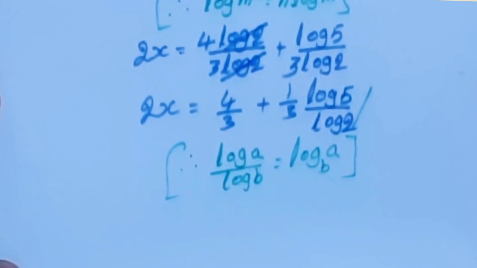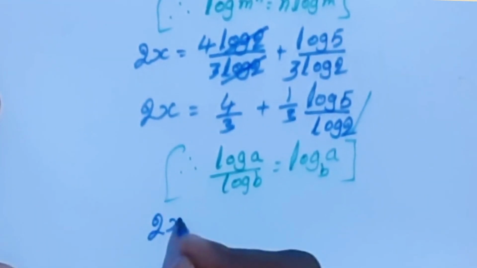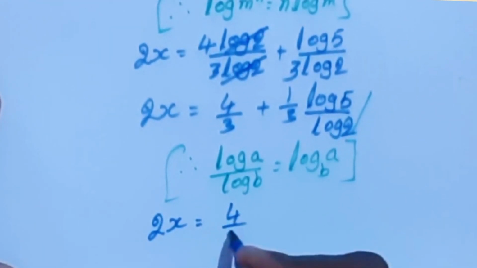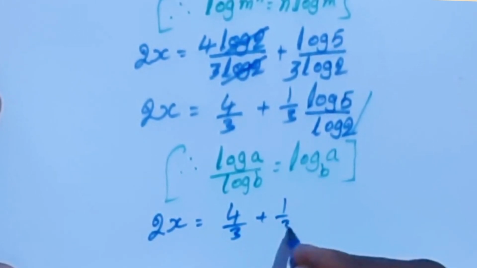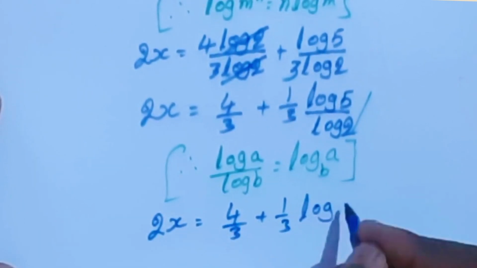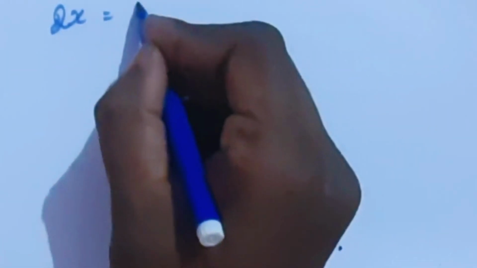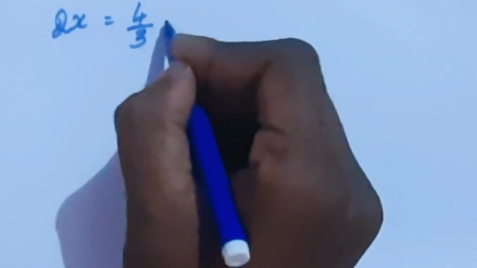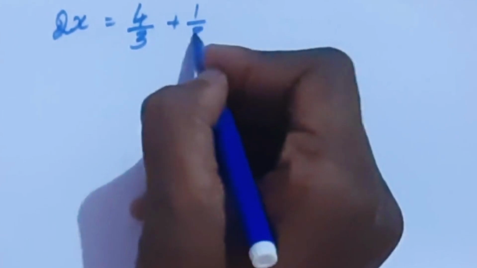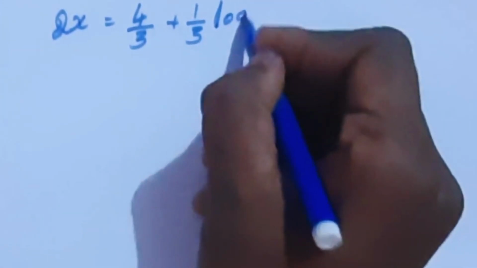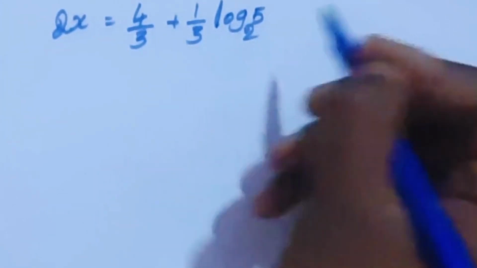So 2x equal to 4 by 3 plus 1 by 3 log 5 base 2.